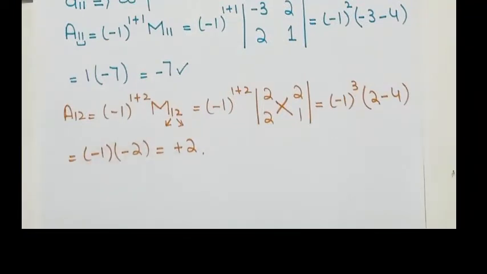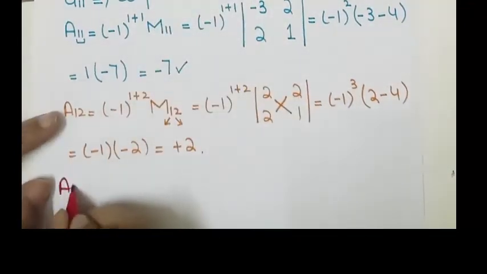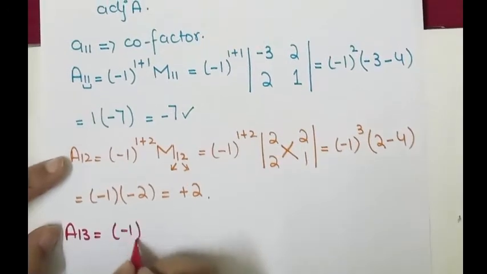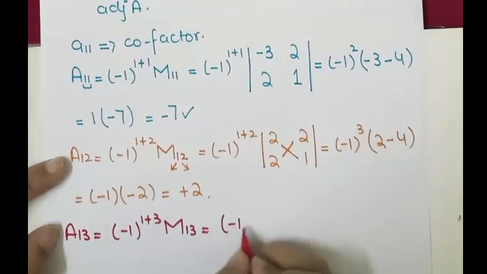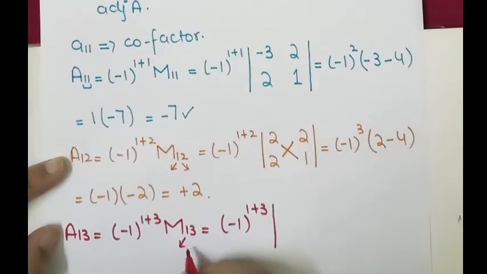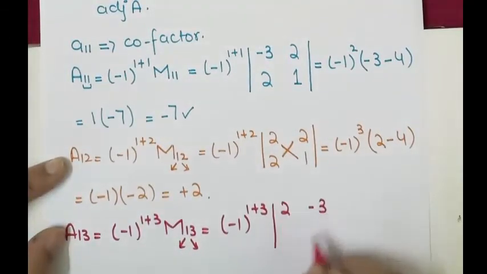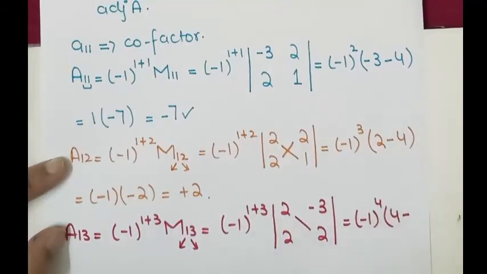Next we will find the minor of A13. In a similar way, A13 is equal to -1 to the power 1 plus 3 times minor M13. Now we will ignore first row and third column. We have 2, -3, 2 and 2. This is -1 to the power 1 plus 3 is 4, 2 2 times is 4, minus 2 minus 3 times is minus 6.